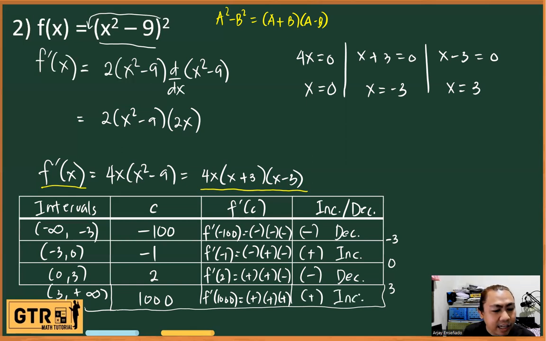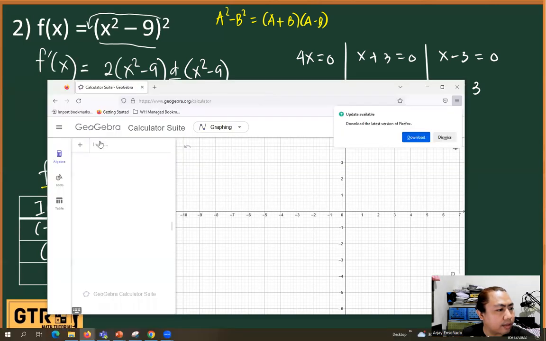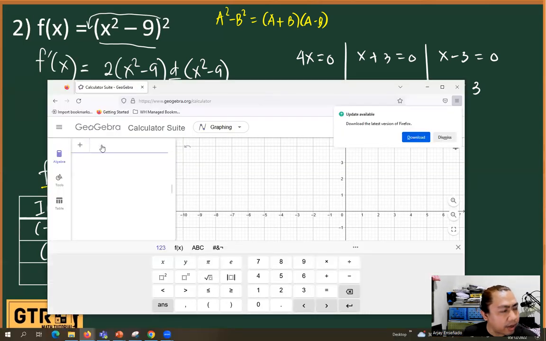Okay, so let us draw the graph para makita natin yung graph. Share ko yung graph pala. Gamit ang GeoGebra, i-draw natin. So x squared minus 9, and then squared.